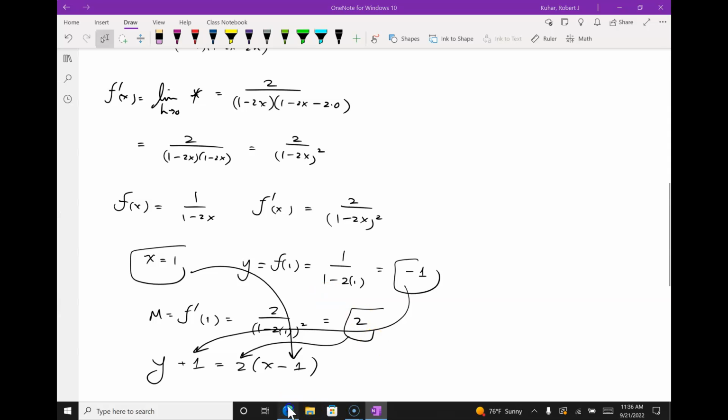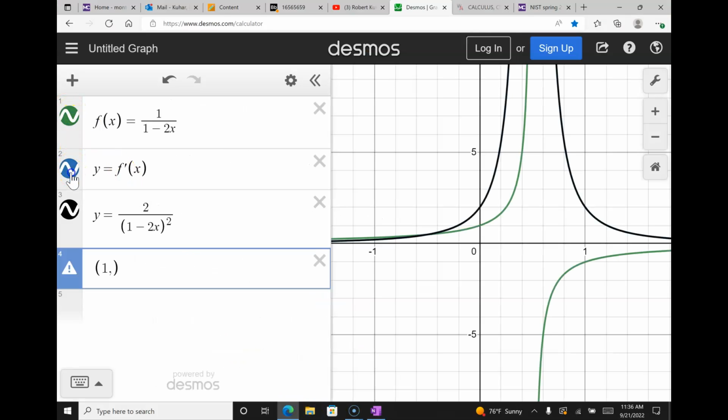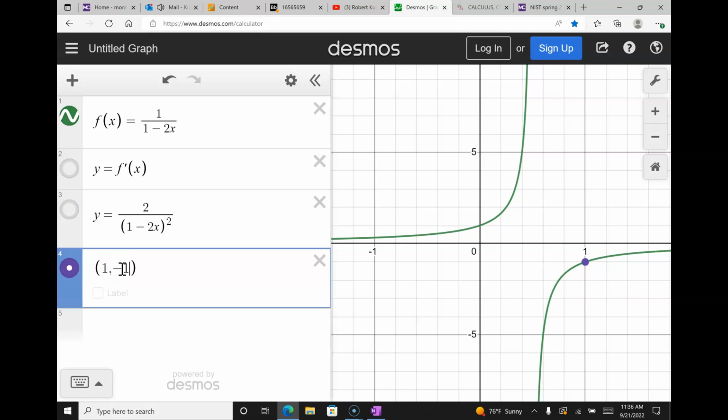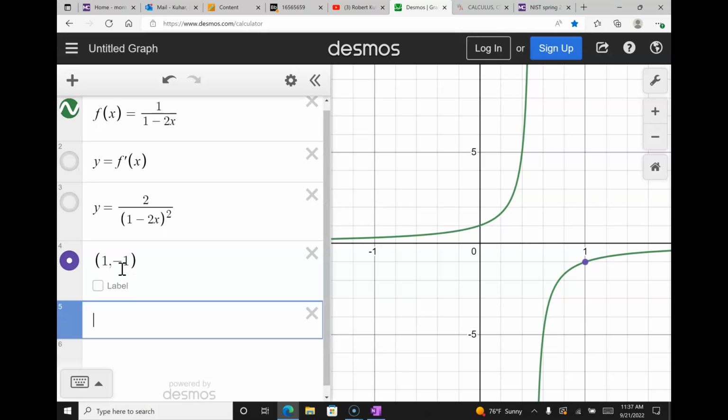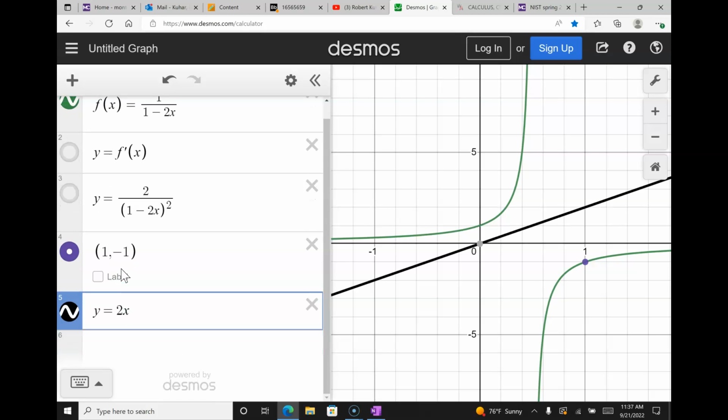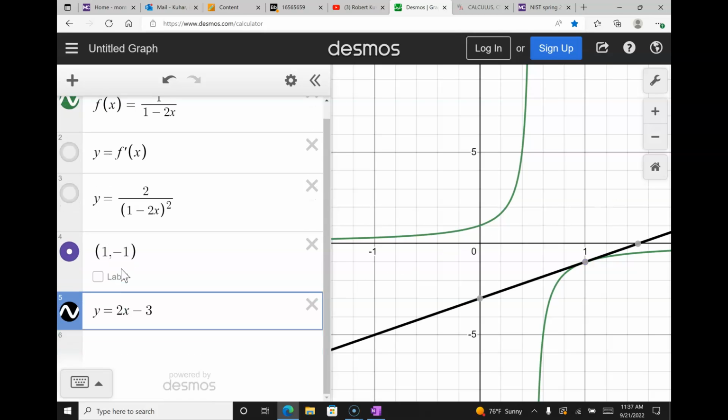Oh, I'm showing my derivative. I'm sorry. So 1, negative 1, right? And then the tangent line, y equals 2x minus 3. Is that right? Yeah, boom, done.